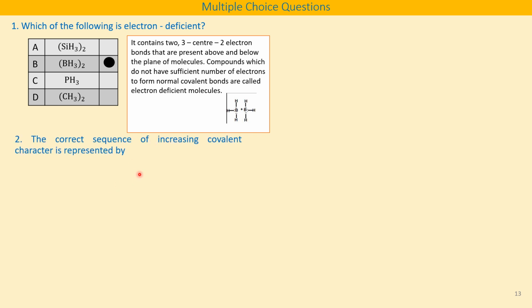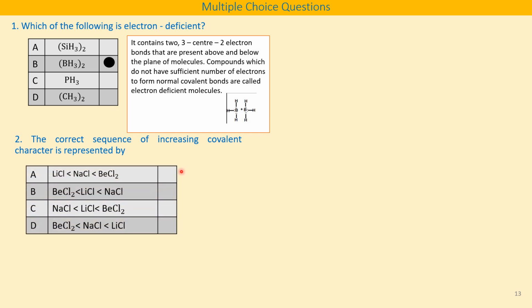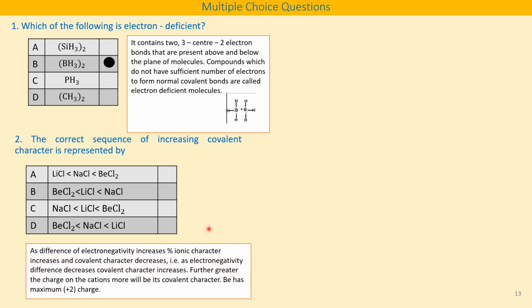Next question. The correct sequence of increasing covalent character is represented by which option? Four options are given. You have to examine each one of them and mark it. The correct answer is C, NaCl, because as the difference of electronegativity increases, percentage ionic character increases and covalent character decreases.